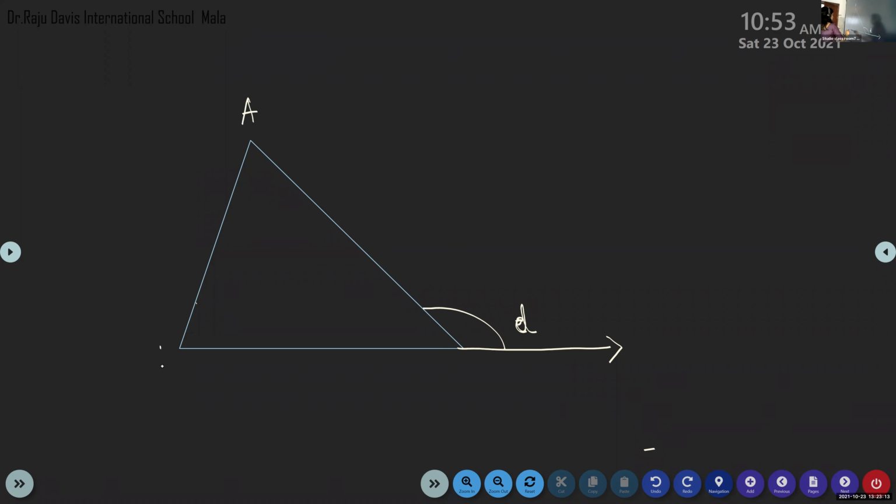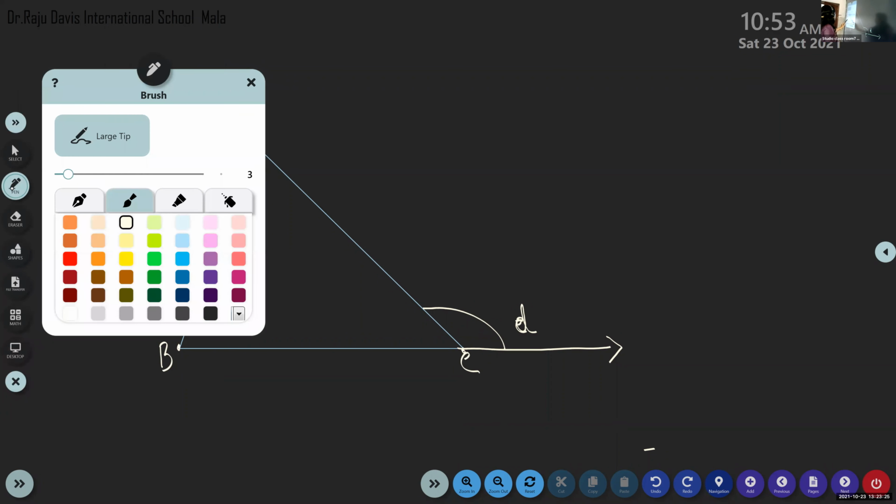I have marked three vertices: vertex A, vertex B, and vertex C. So one of you I'll call should tell me which are the opposite interior angles.